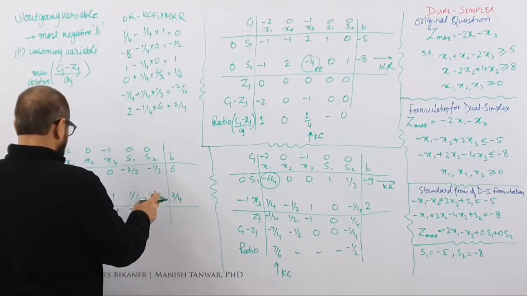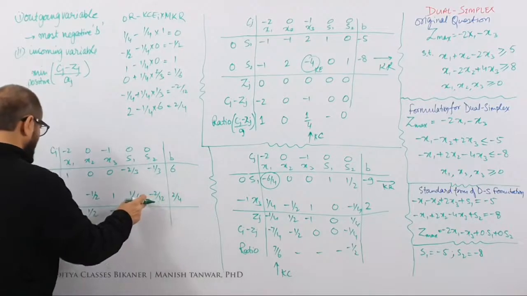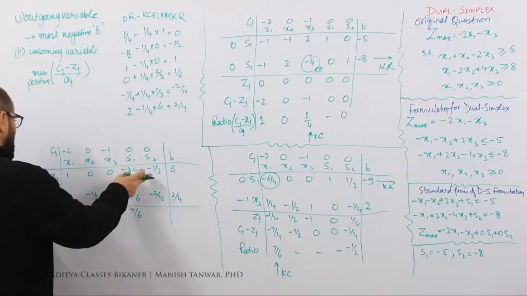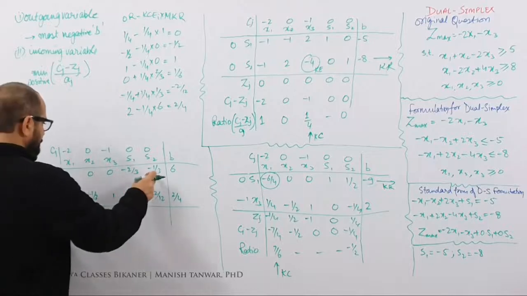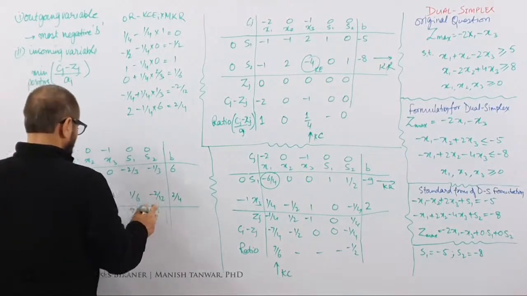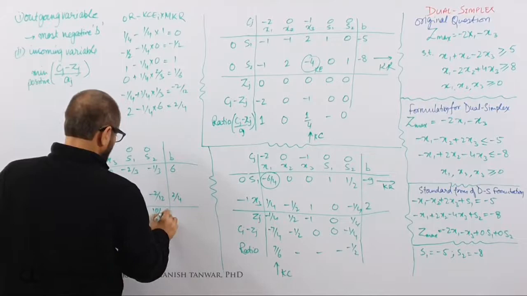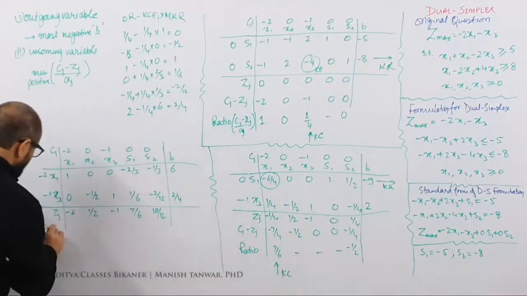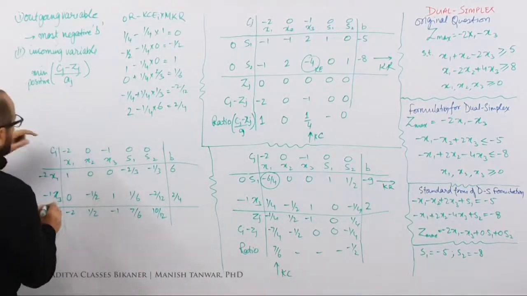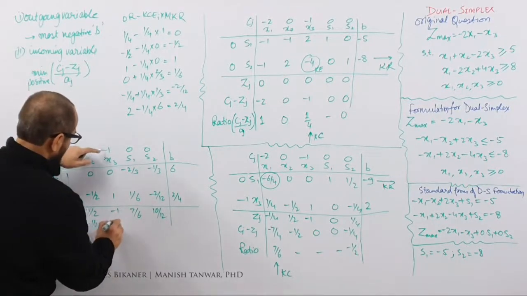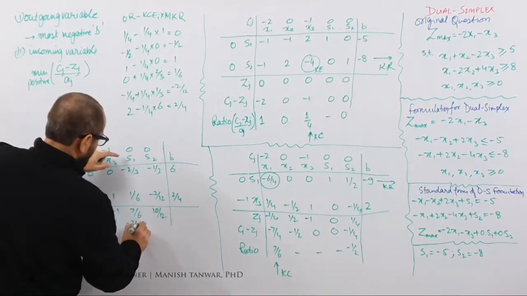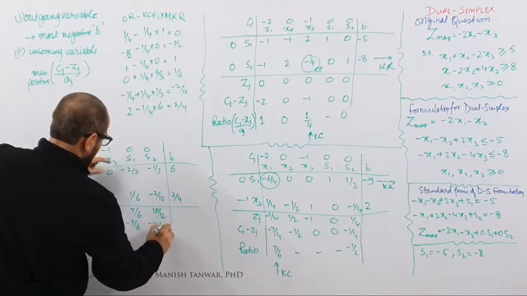Then we have a 2 by 3, then there is a 2 by 12. 2 by 3 can become an 8 by 12, making it 10 by 12. We can have our Cj minus Zj: minus 2 is 0, negative half, 0, negative 7 by 6, negative 10 by 12.